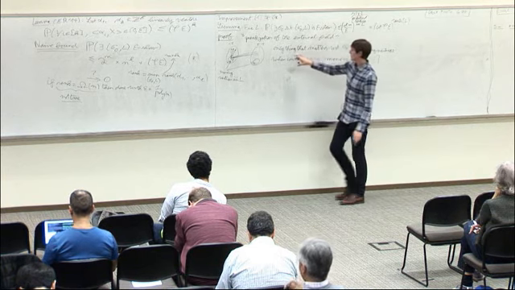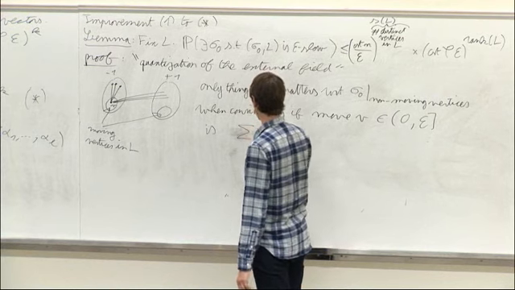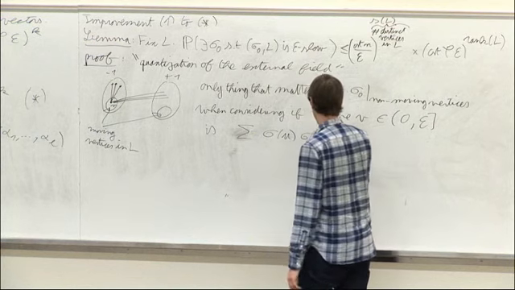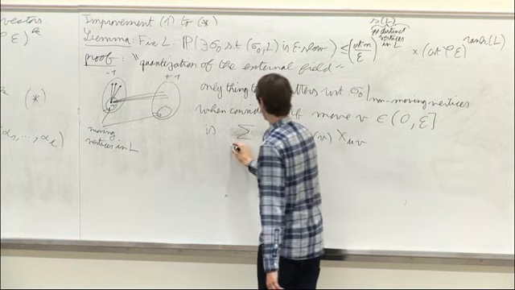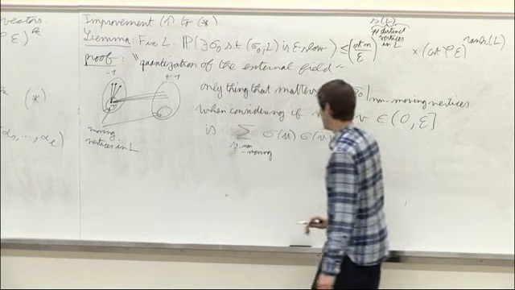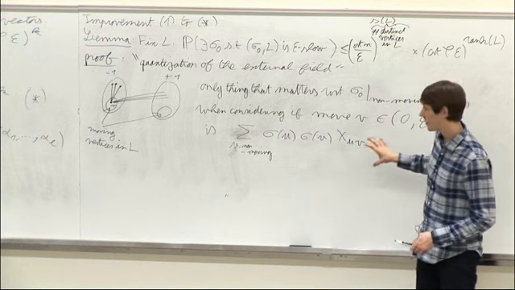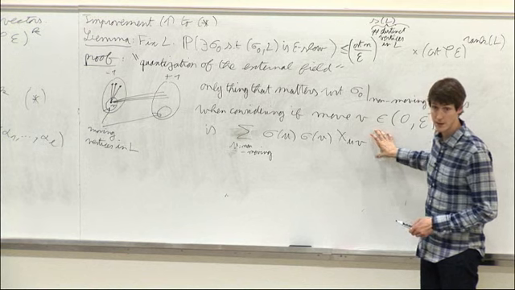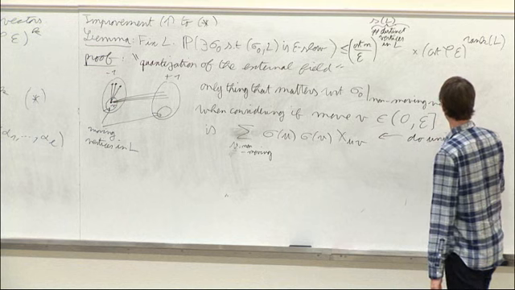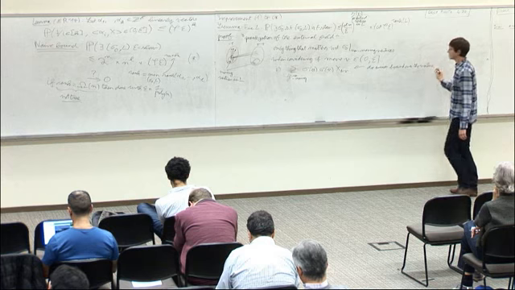The only thing that matters for those spins is the external field. So the sum of the sigma U, sigma V, XUV for U non-moving. So instead of doing a union bound over each of those sigmas individually, I can do a union bound over the value of this thing. Okay, so now do union bound over the value of, let's call this QV.